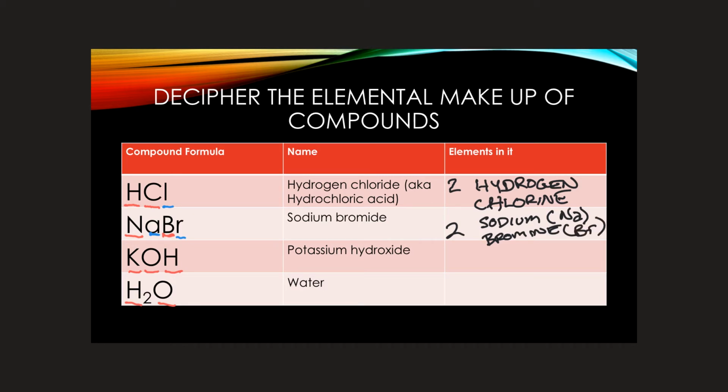Potassium hydroxide actually has 3 because there are 3 capital letters. It has potassium, and that's K, oxygen, that's the O, and we already know that hydrogen, I'm just going to abbreviate it hydrogen, and that's the H. And the last one, water, again, we have 2.